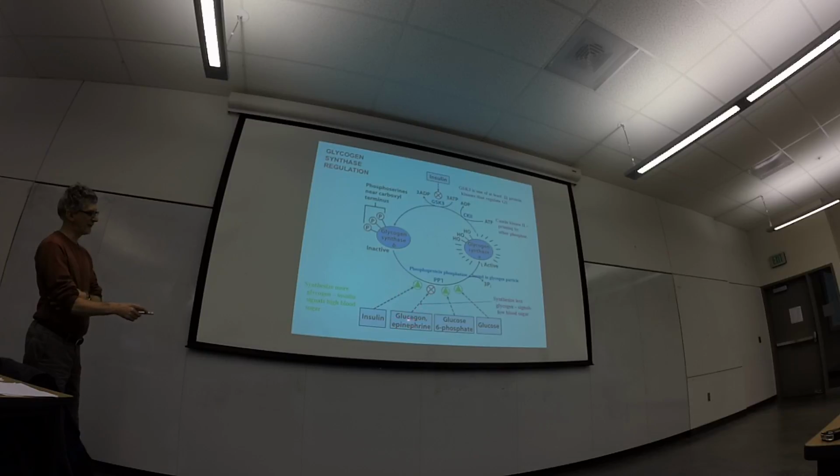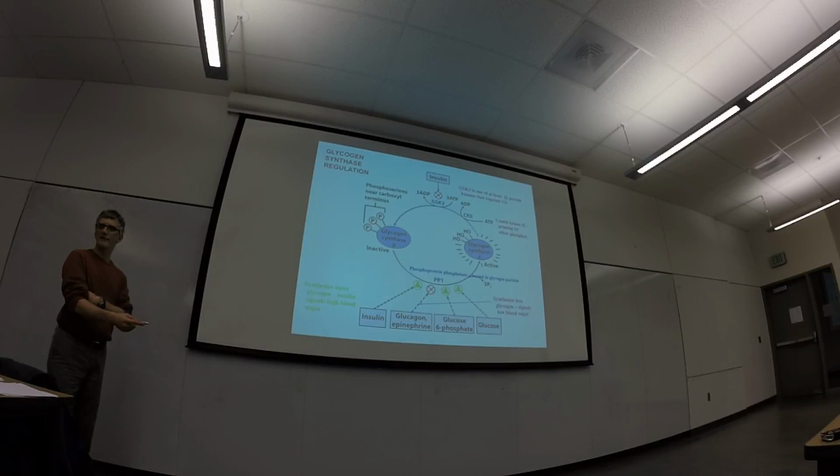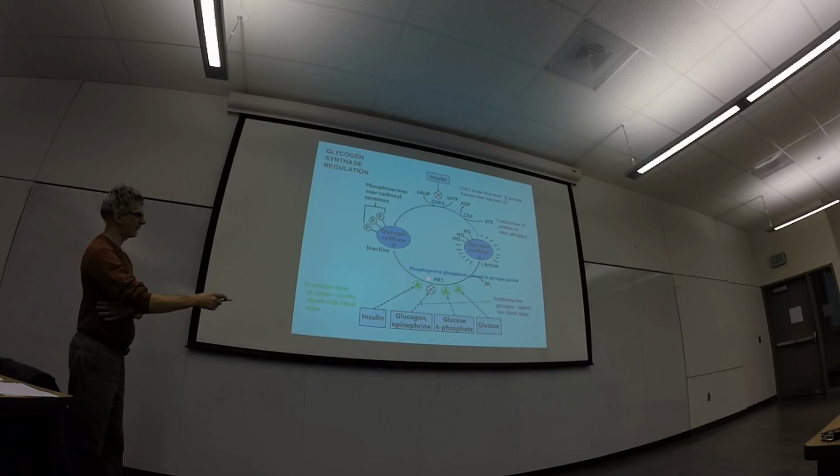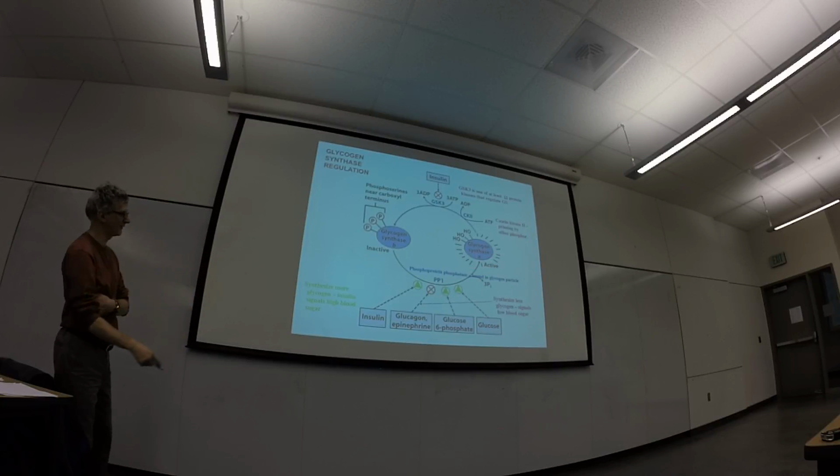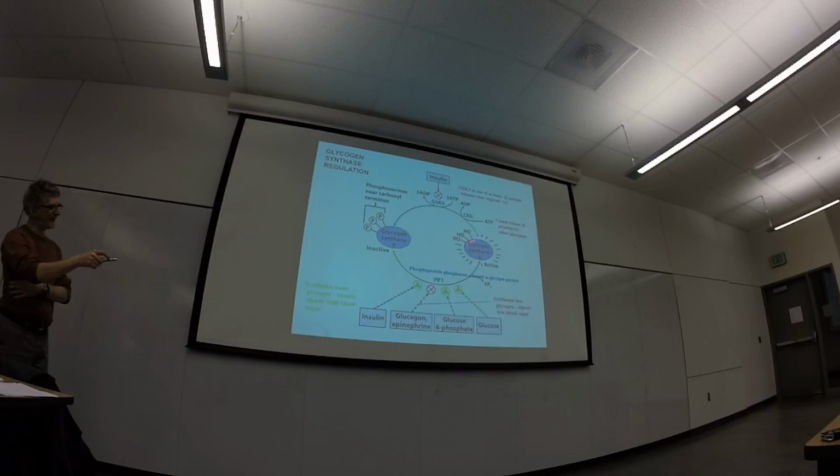So glucagon, epinephrine, low blood sugar, fight or flight response, I need glucose, right? Please give me glucose, because the bear is coming. Glucose 6-phosphate and glucose itself, clearly, this is directly related to glucose. So in both cases, turn on, make active synthase.